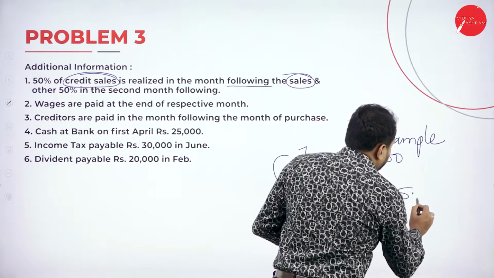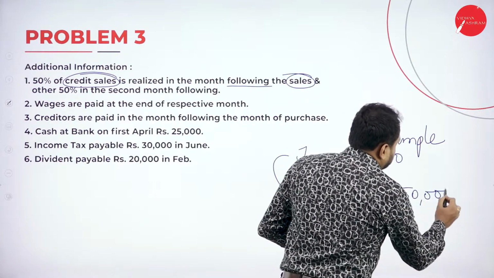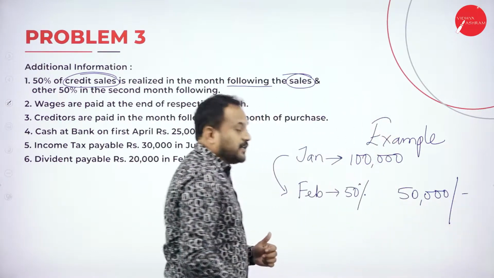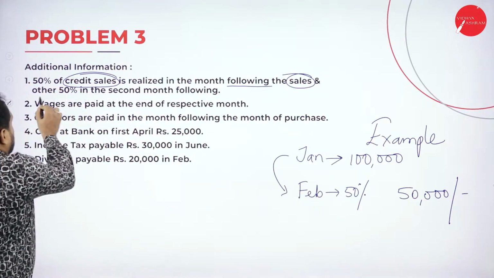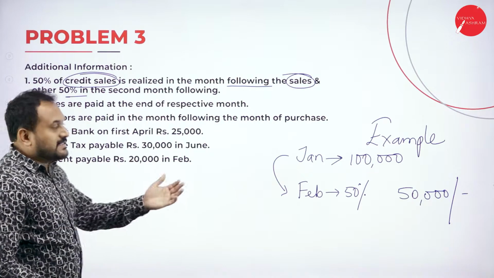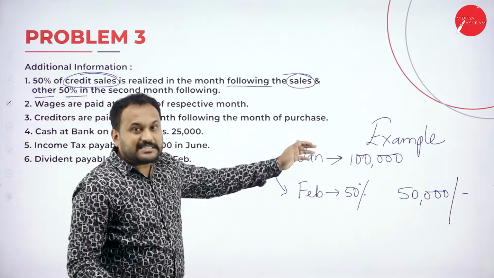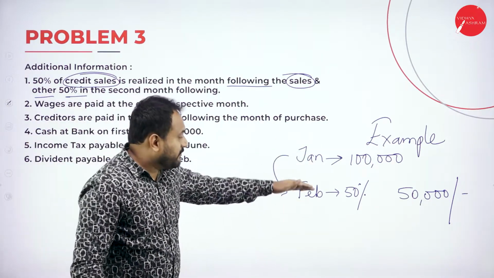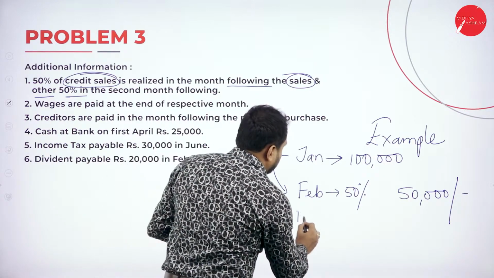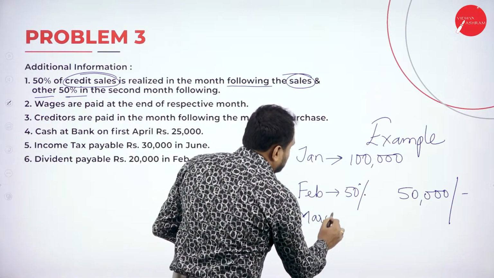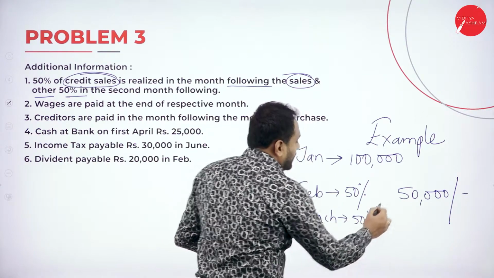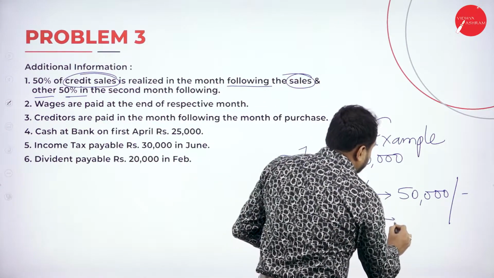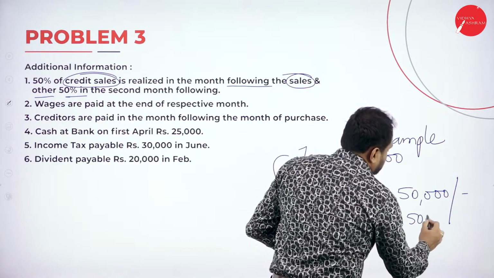Now, the remaining 50% comes in the second month. So January's second month is March. Here I'll write March. In March, I'll get the remaining 50%, so again I'll get 50,000.